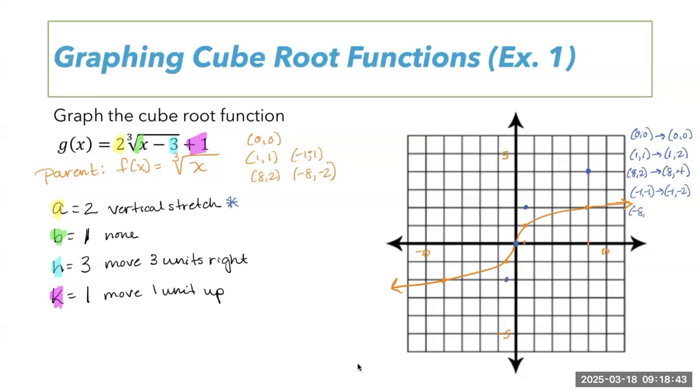And (-8, -2) will become (-8, -4), which puts a point right there. So you can see how this graph right now, just from doing the vertical stretch, kind of looks like someone grabbed the orange graph from the top and the bottom and pulled. Okay, that's what a vertical stretch would be.